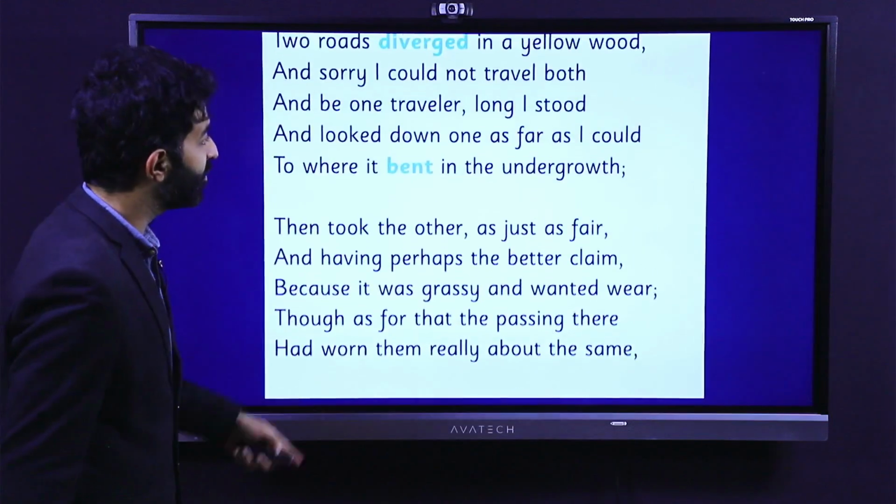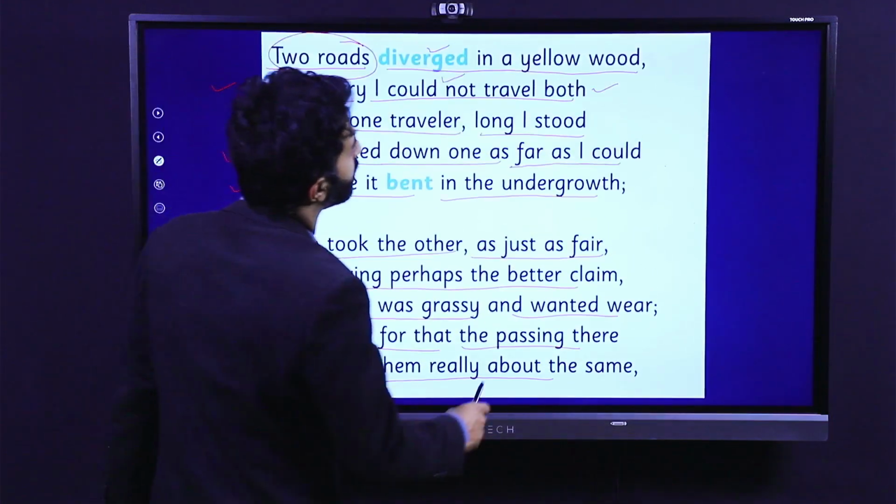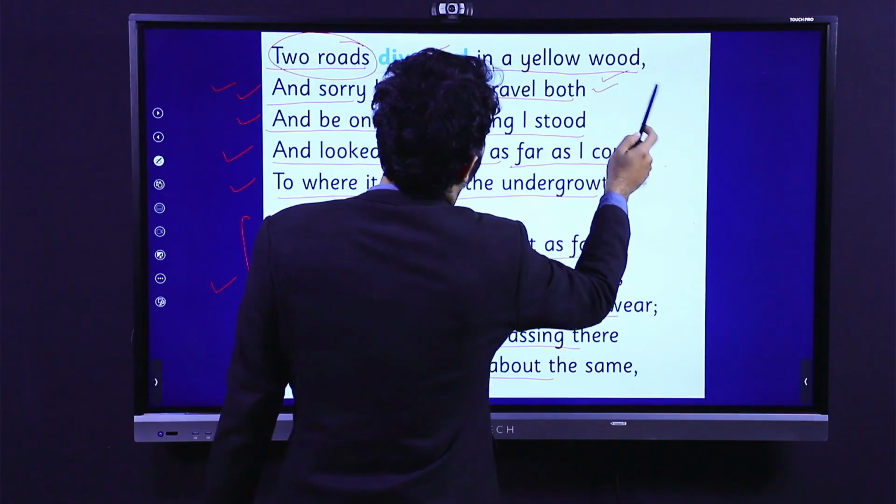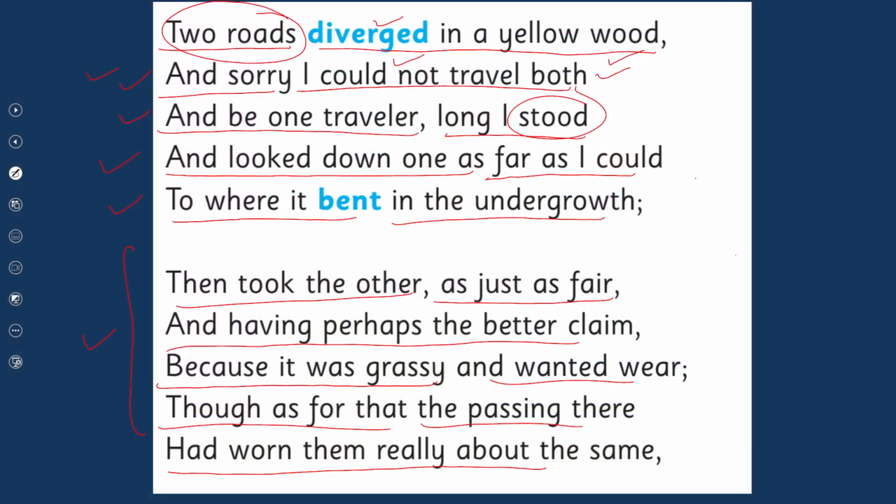For example, if we go back to the first stanza, could, should. These are rhyming. Let's name them alphabet A: both and growth. A, B, and could, would, should and could.